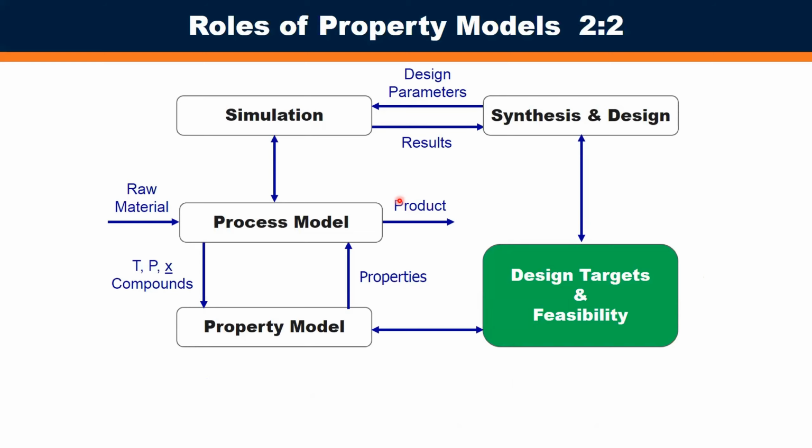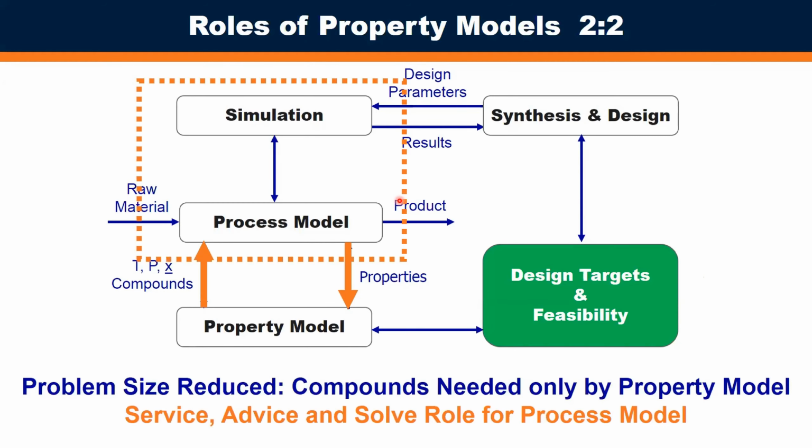Now, one thing we wanted to look at is, are there other things we could do? Well, we could reverse the flow of information from the property model by actually solving the process model in terms of the properties, and have the property model provide us the temperature, pressure, compositions, and component IDs.